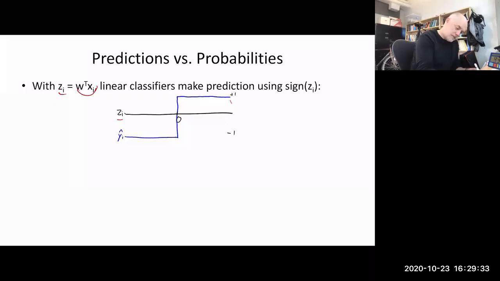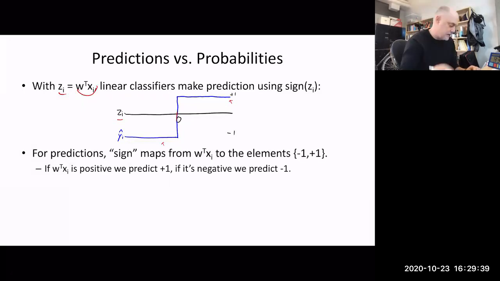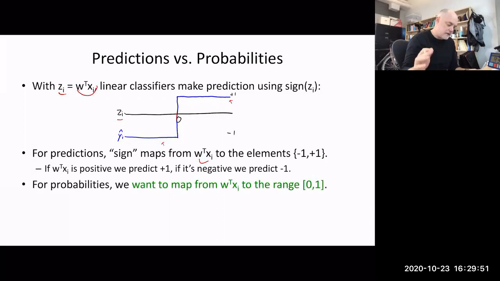It returns +1, -1, and nothing in between at the measure 0 spot. Prediction sign maps w transpose xi, here plotted as zi, solely to the elements -1, +1. We know this. If it's positive, we predict 1, negative, we predict -1.